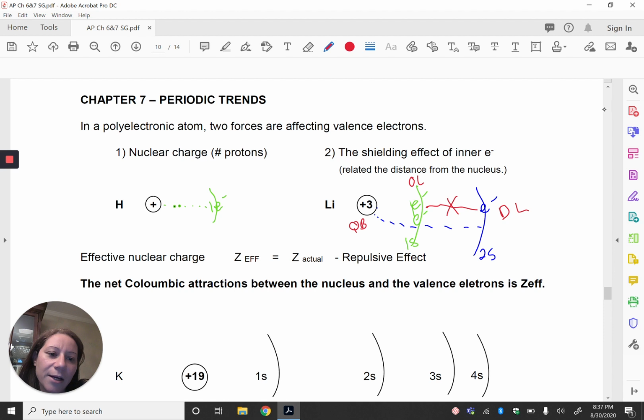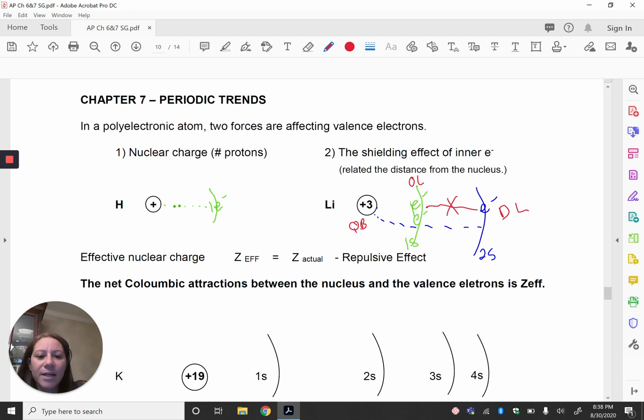That electron is really attracted to the nucleus. It wants to get there because there's an attraction. But those electrons are blocking it, shielding it. In the same way, the defense is trying to get to the quarterback, but the offensive line protects that quarterback and prevents the defense from getting to it.